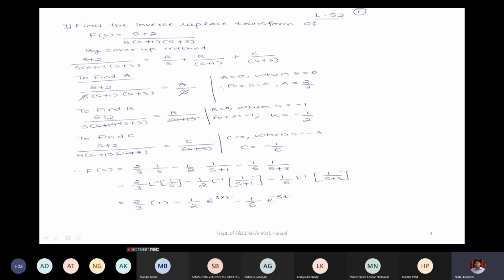Can you tell me which kind of equation it is now?